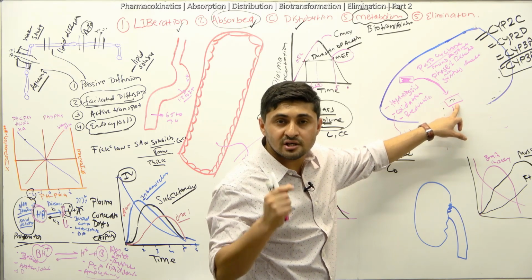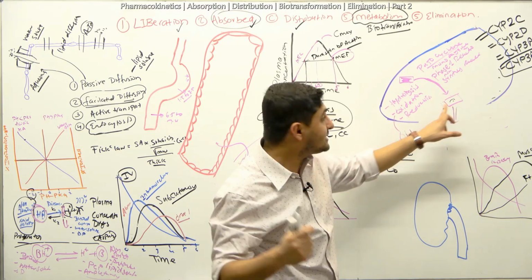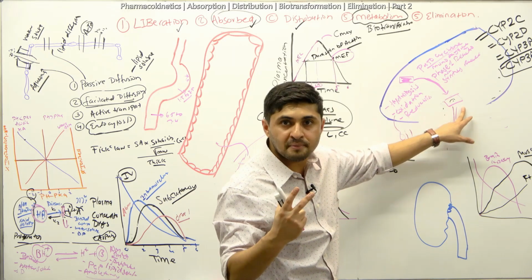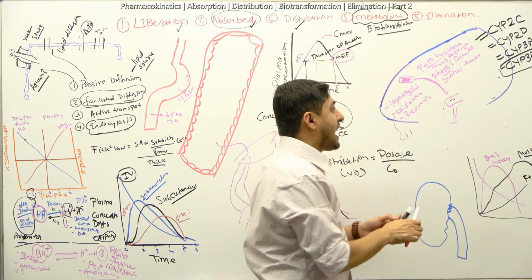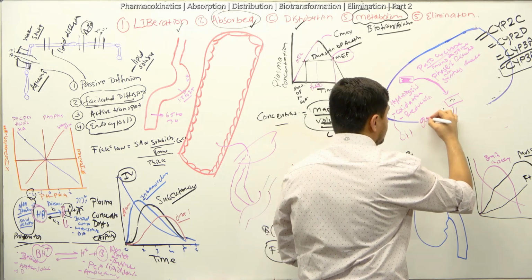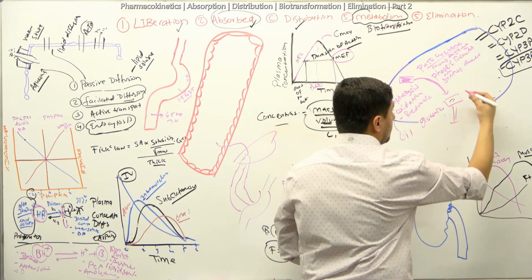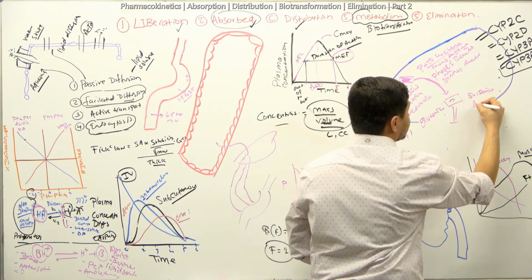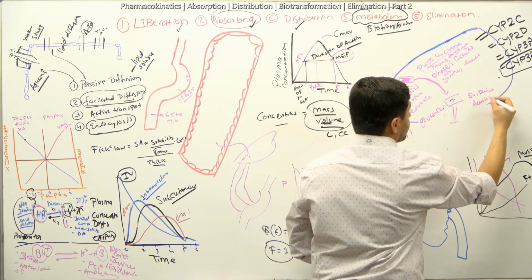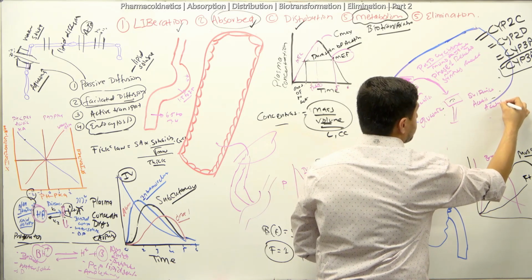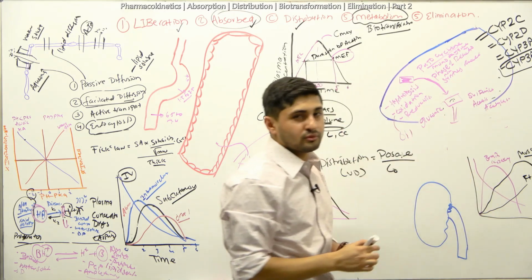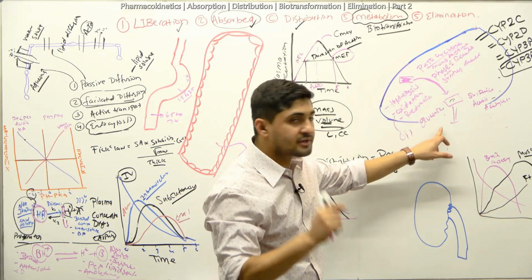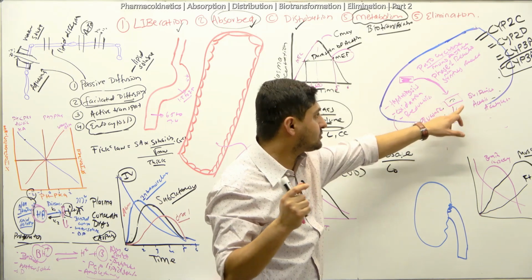And what does conjugate mean? Con means you're adding something else to this newly formed polar compound. You add either glucuronic acid, let's write down glucuronic acid, or sulfuric acid, which we call sulfations, or acetic acid, which we call acetylations. You add these with transferase enzymes, which transfer the functional group and attach it to this polar compound.